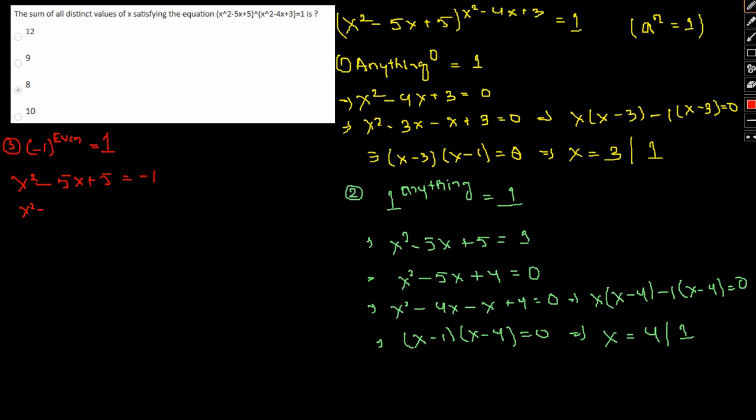So x square minus 5x minus 1 plus 6 equal to 0.